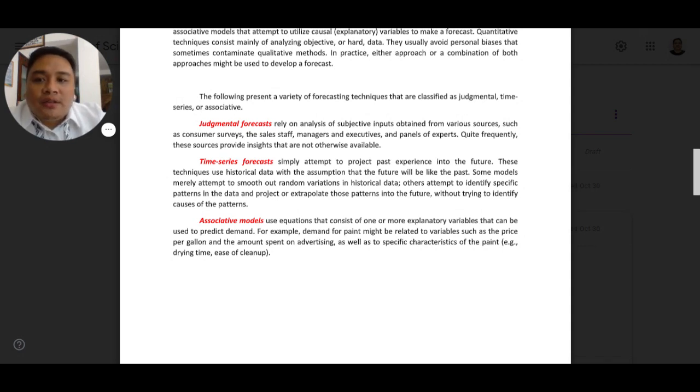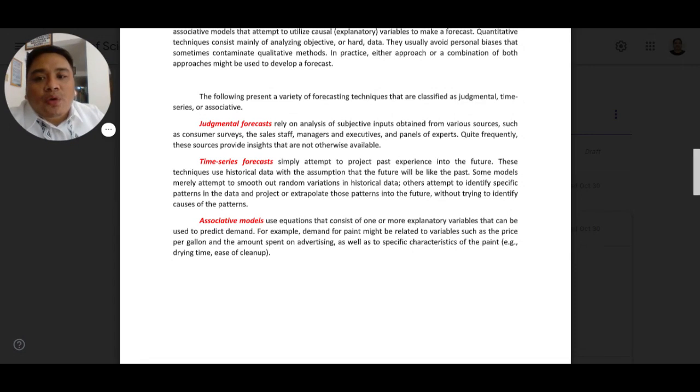Quite frequently, these sources provide insights that are not otherwise available. Yun yung tinatawag nating personal opinions, based on their own personal experiences. So yun yung sinasabi nating judgmental forecast. Nagbe-base tayo ng forecast from the knowledge of a certain individual or his own personal opinion.